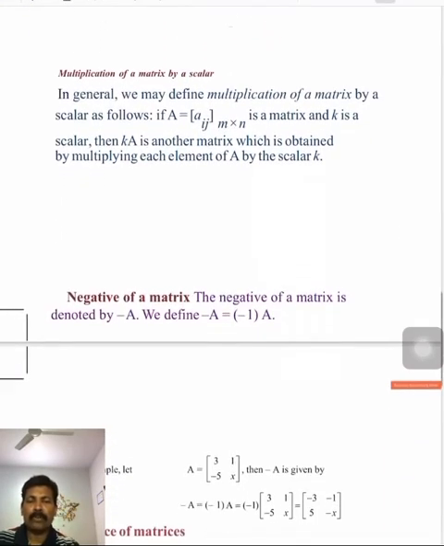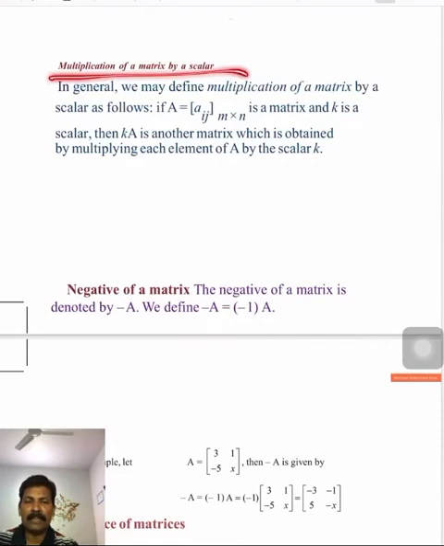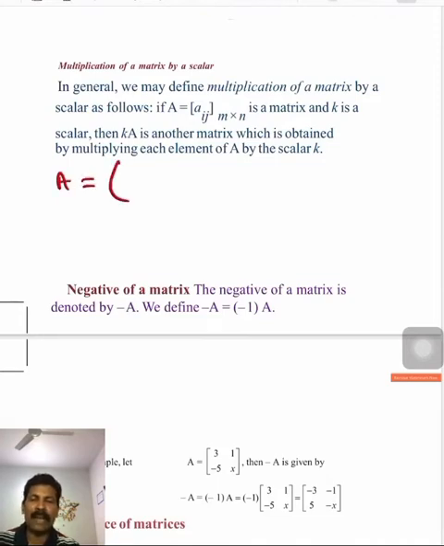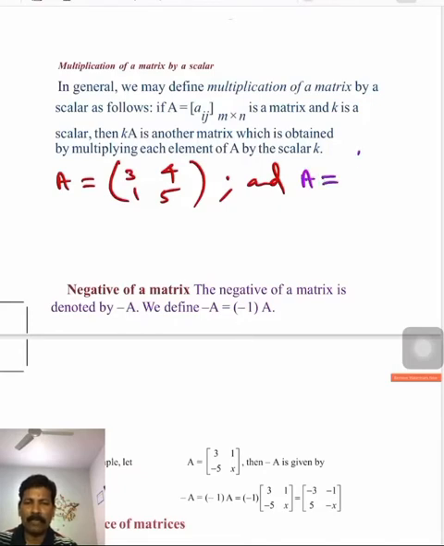Now we switch over to the next operation, that is multiplication of a matrix by a scalar. In general, we may define multiplication of a matrix by a scalar as follows. In order to multiply capital A by a scalar K, we have to multiply each and every element of capital A by the same scalar K. For example, consider A is equal to 3, 4, 1, 5. Take another copy of the same.